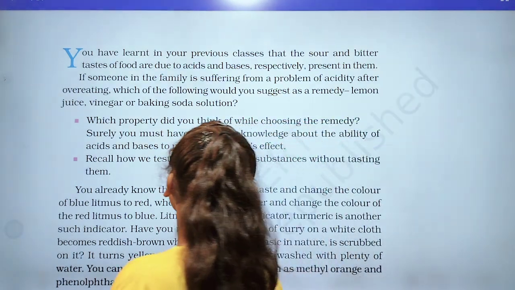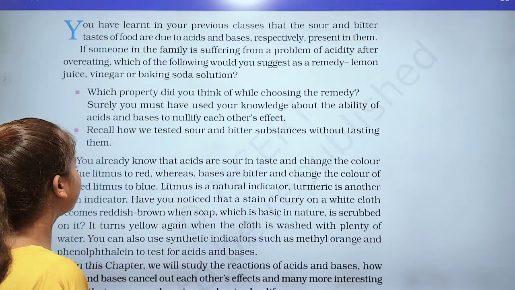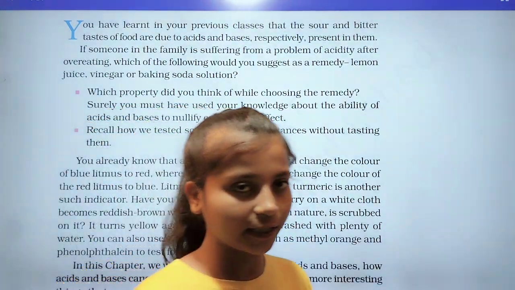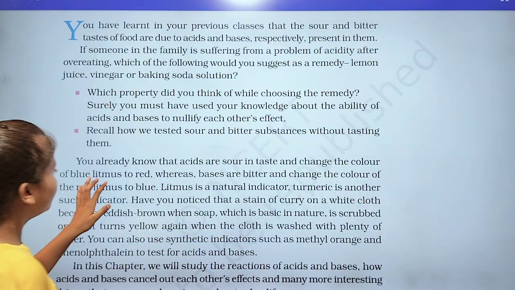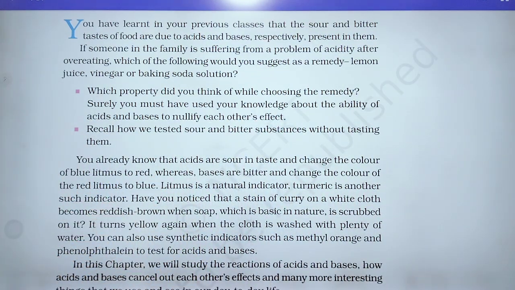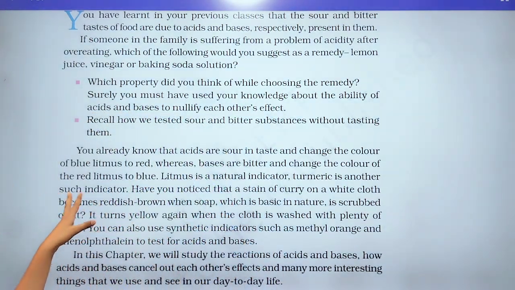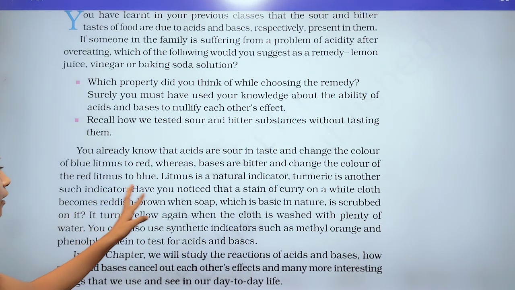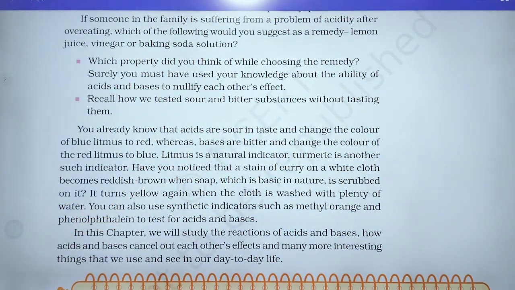You already know that acids are sour in taste and change the color of blue litmus to red, whereas bases are bitter and change the color from red to blue. B for base and B for blue. It means it changes to the blue color.